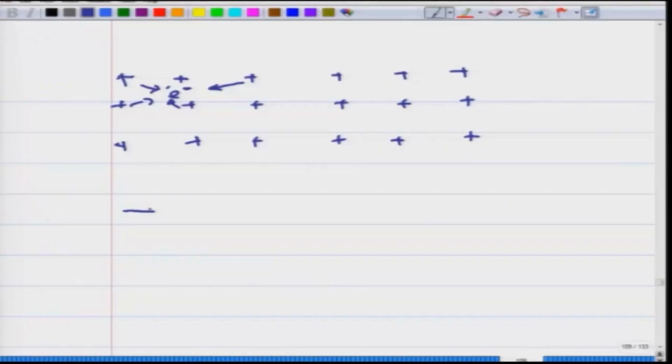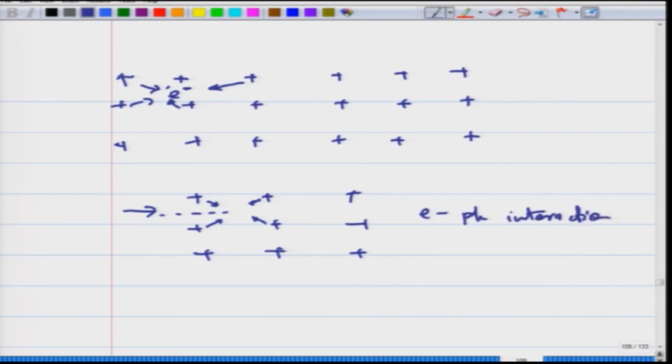When an electron moves through an ionic lattice, there is a tendency to polarize the lattice. It causes a temporary slight distortion of the lattice, and this is related to something called the electron-phonon interaction. These effects have also been completely neglected.